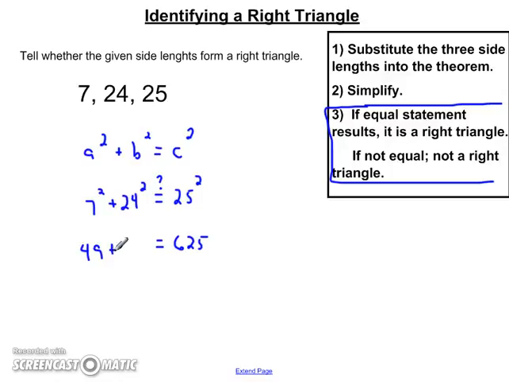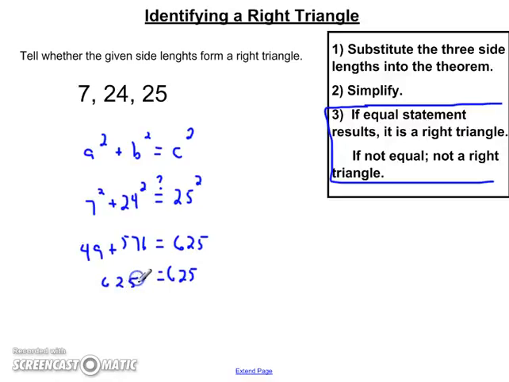Just make sure you write down your steps. 24 squared is 576. And again, if I add 576 plus 49 together, that is a total of 625.